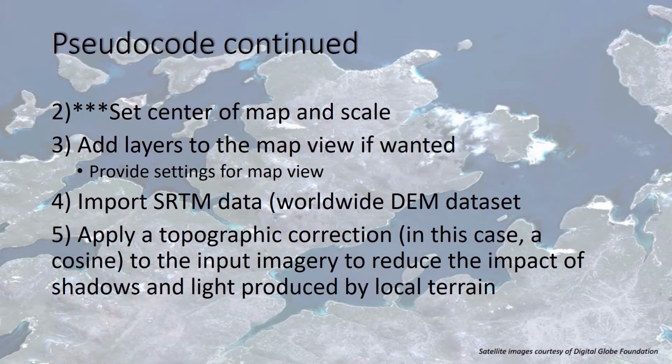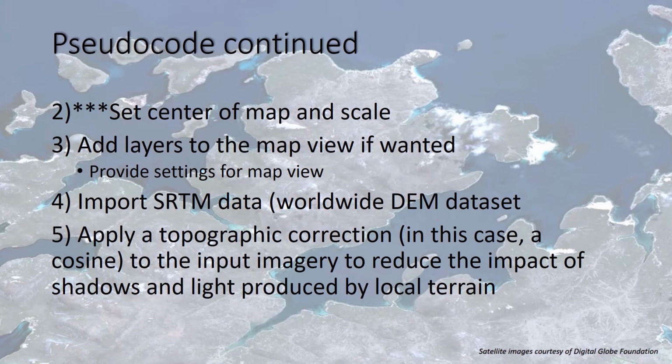The whole purpose behind a topographic correction is to take your imagery and look at your topography, the information you got from your DEM about what the surface of the land is like, flat, hilly, in your working area, and try to backwards engineer the appropriate lighting conditions so that you reduce the impact of light and shadow interacting with the terrain.